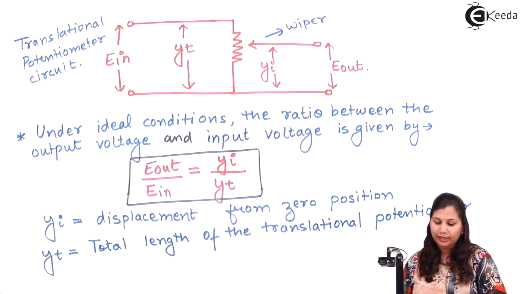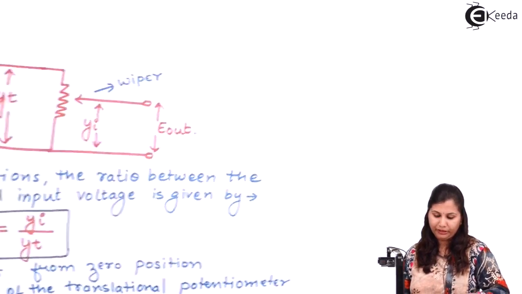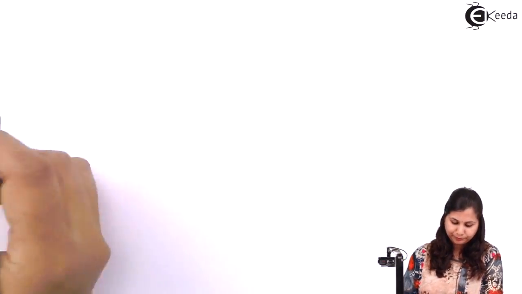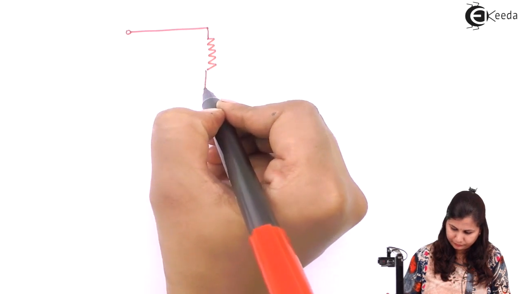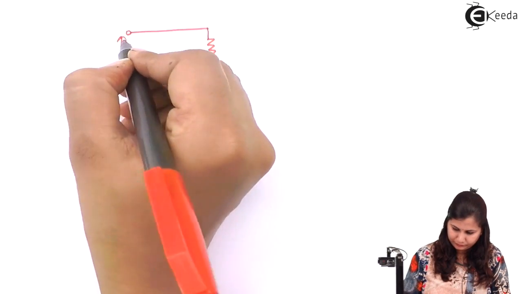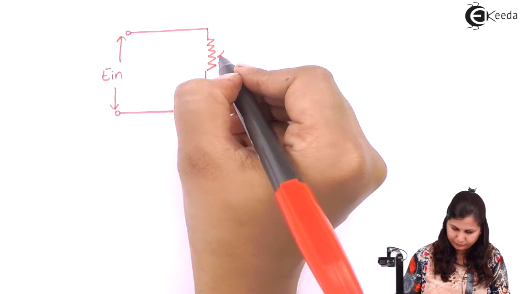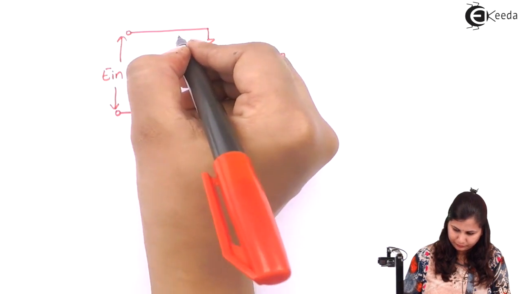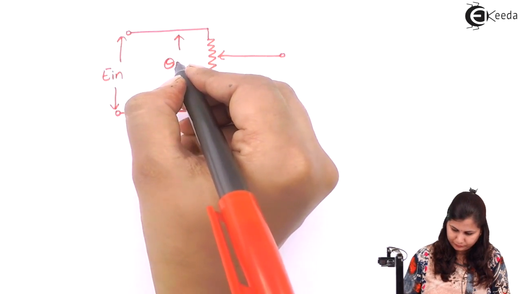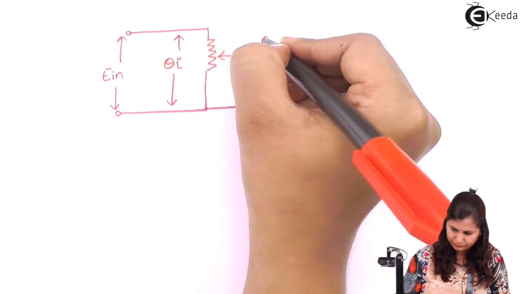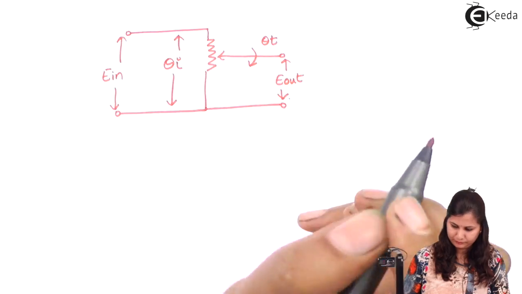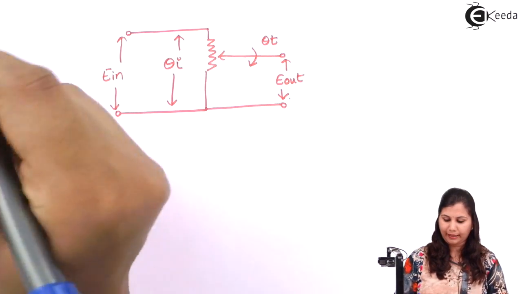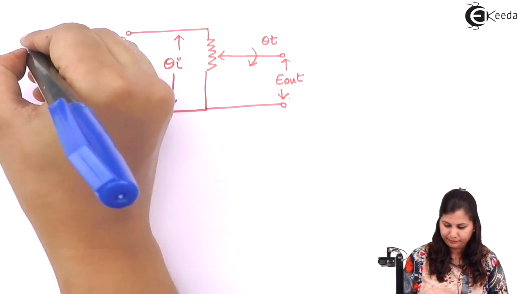Now similarly, the rotational potentiometer, let us first see its circuit diagram. This is the circuit diagram for the rotational potentiometer.